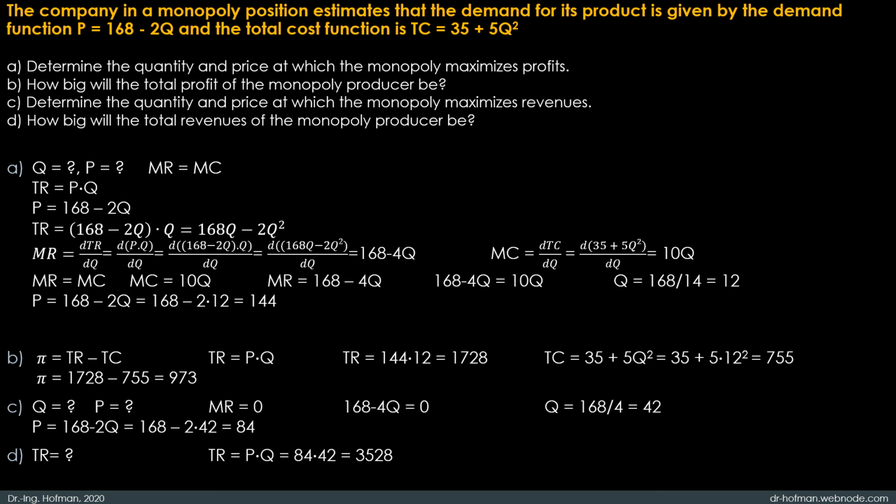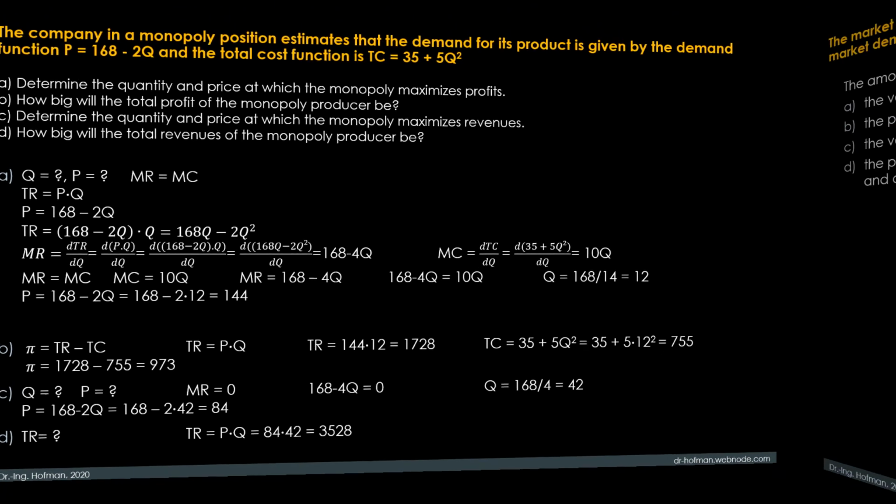Total revenues are P times Q. We got price 84, quantity 42. When we multiply them, we get 3,528, which is the answer to the question. That is the total revenues of the monopoly producer, which is maximizing its revenues.